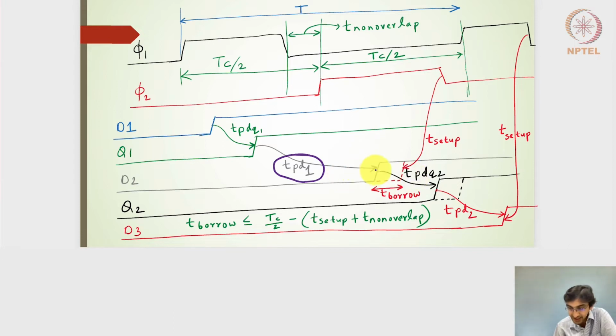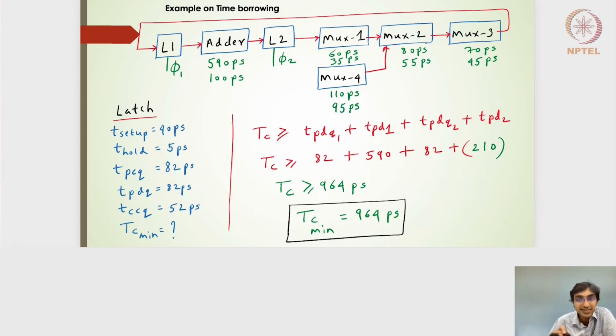So the combinatorial circuit can extend or borrow the maximum time of TC by 2 minus T setup plus T non-overlap, right? Hope this is clear.